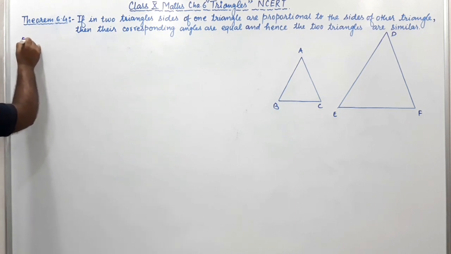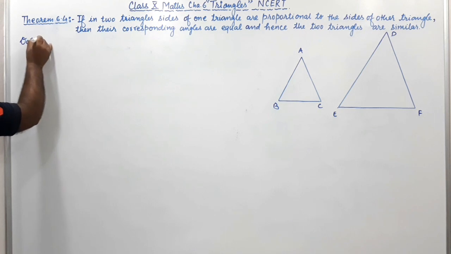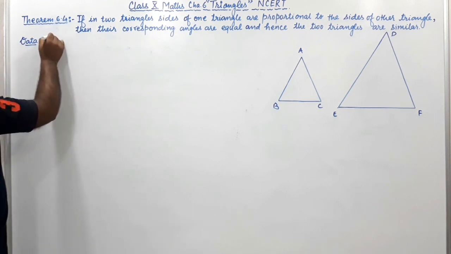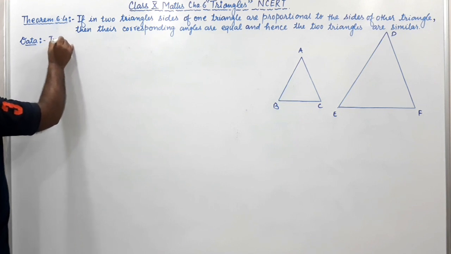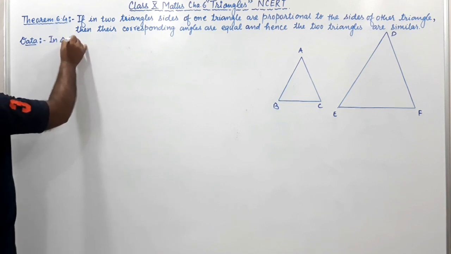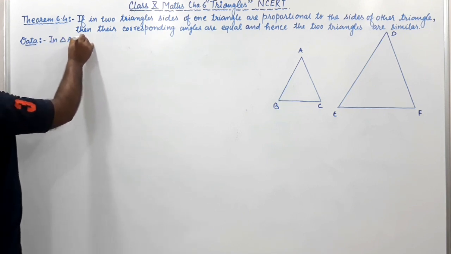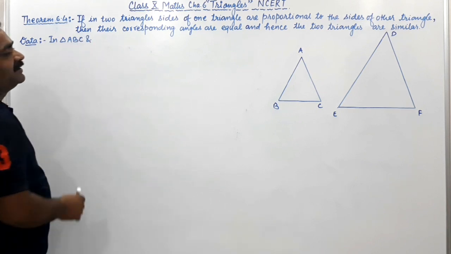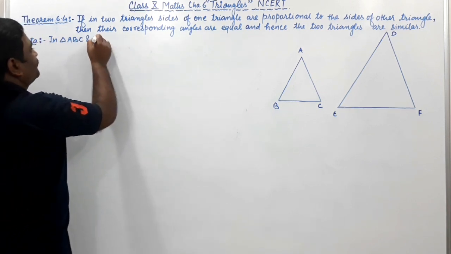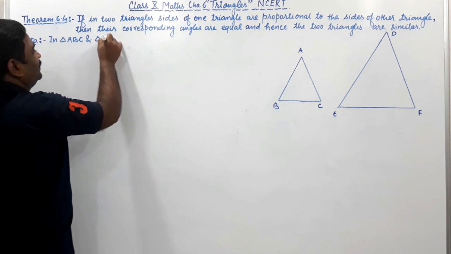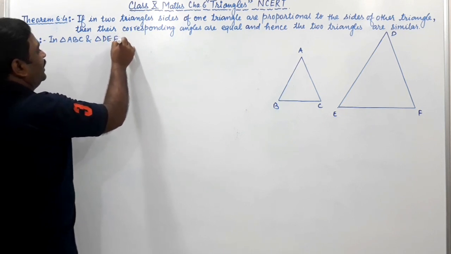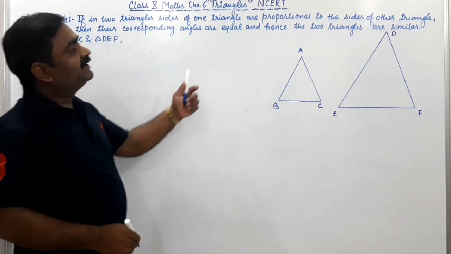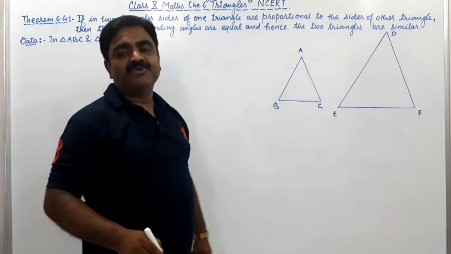Given: in triangle ABC and triangle DEF, what is given? Their sides are in proportion.